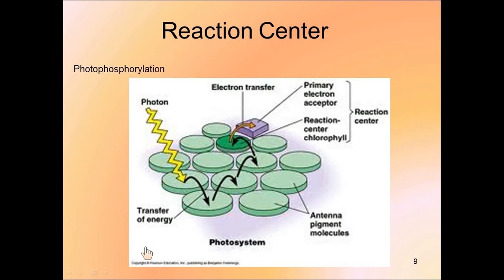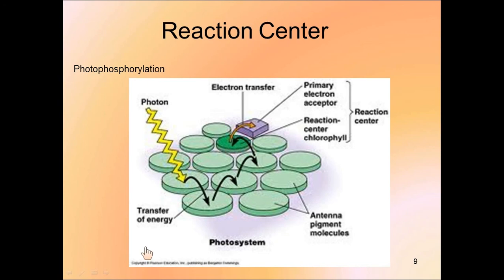The light-dependent reactions of photosynthesis are going to generate energy through a process called photophosphorylation. What we're going to do is use light energy, that's the photo part, and add ADP and phosphate molecules together, that's the phospho part, to create ATP.